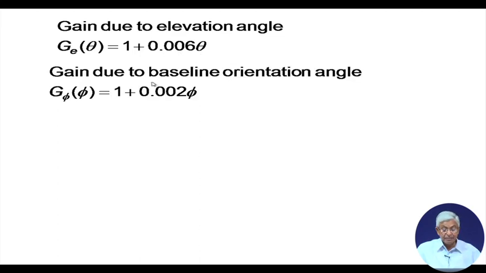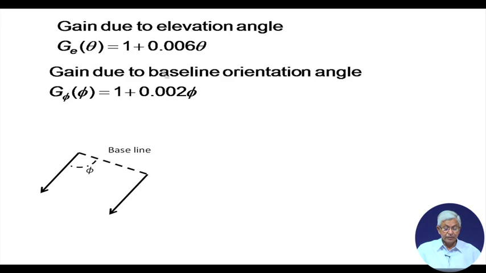The other one is the baseline orientation angle, G phi, which is a function of phi: 1 plus 0.002 phi. The baseline is the line between the two stations, and when the two stations are looking toward the satellite, the azimuth angle towards the satellite is called phi.